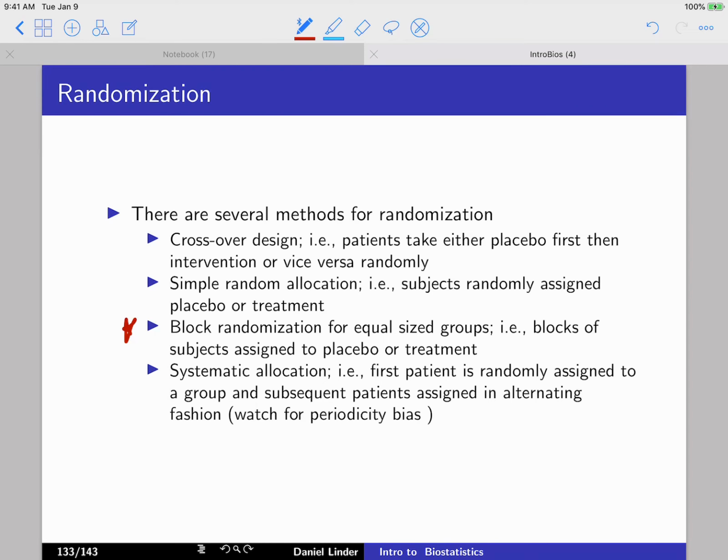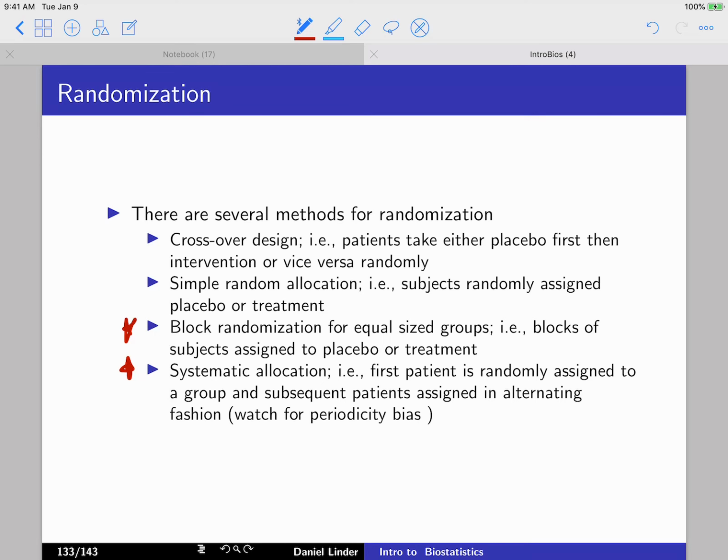This systematic allocation works in such a way that the first patient would be randomly assigned to a group, and then the subsequent patients would be assigned in an alternating fashion. So the first person who arrived at the site or clinic would say be assigned to placebo, and then the next patient that arrived would be assigned to the treatment, and the next patient would be assigned back to the placebo, and periodically in that alternating way.